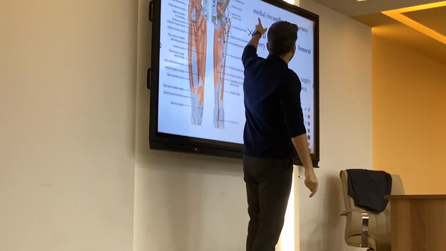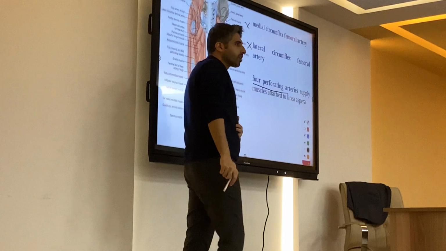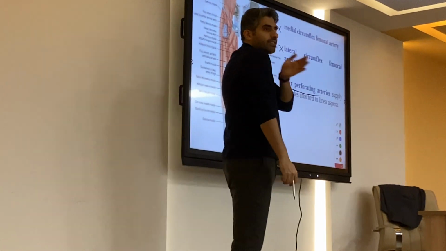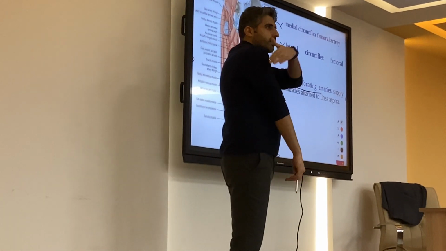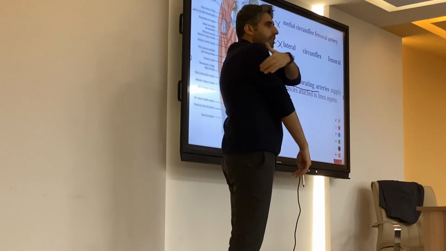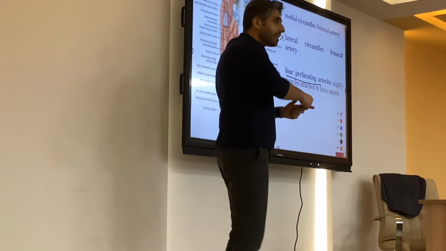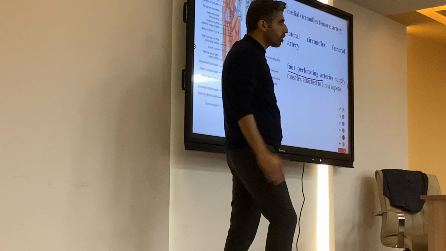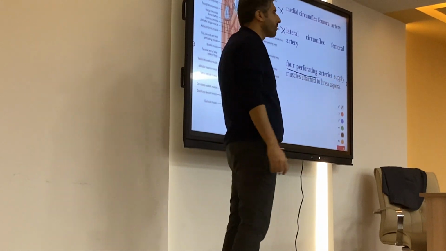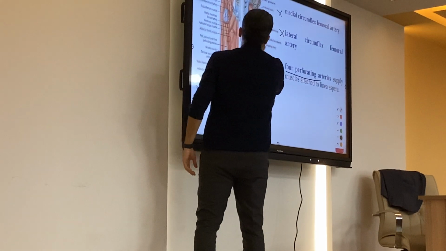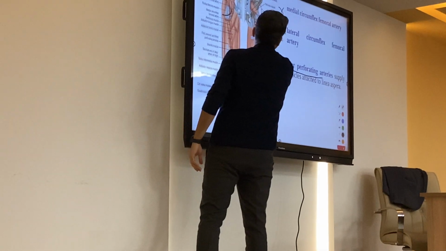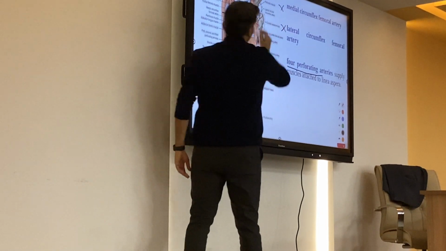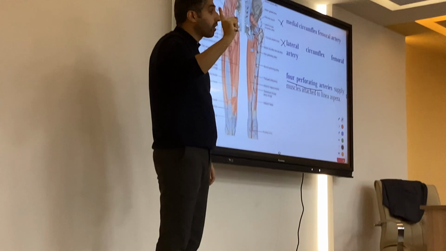And these 2 important branches, circumflex femoral, are like the circumflex humeral, anterior circumflex humeral and posterior circumflex humeral. Here we say lateral circumflex femoral and medial circumflex femoral. They are not from the femoral artery.